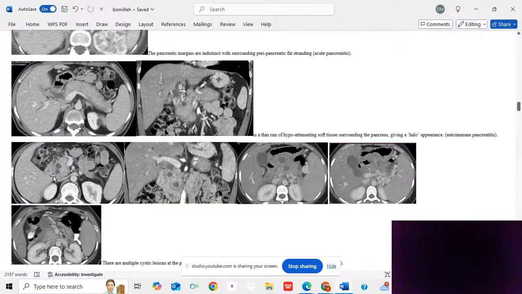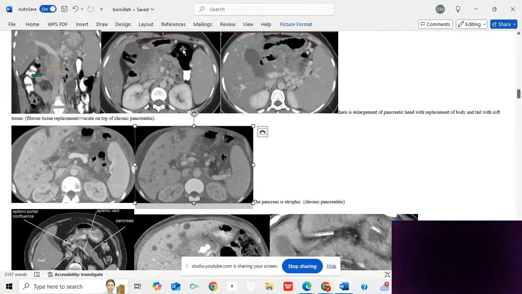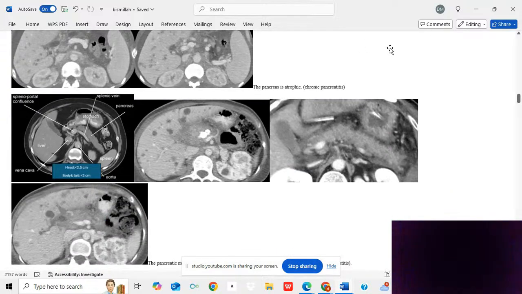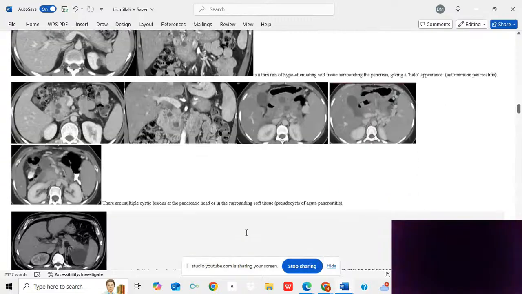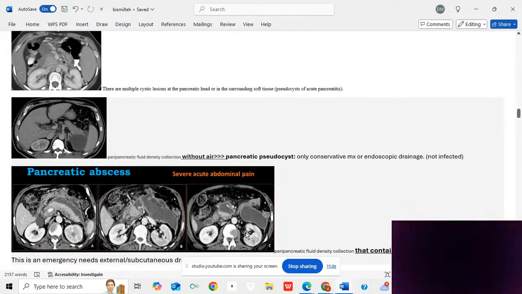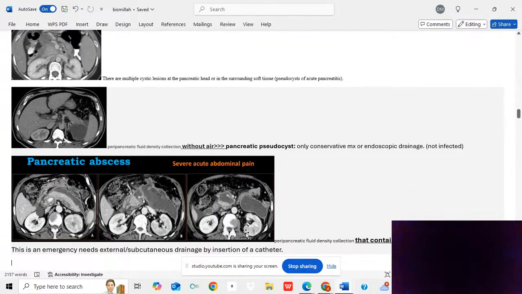You can find them in a case of acute on top of chronic pancreatitis, in a case of autoimmune pancreatitis, as in this case, and even a normal acute pancreatitis case. So that's it. Thank you.